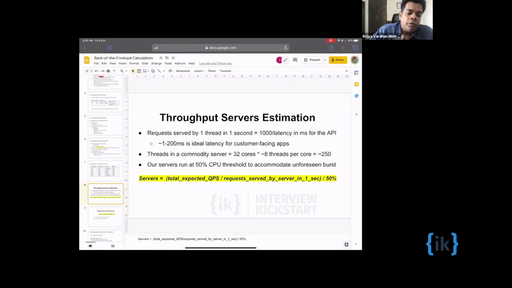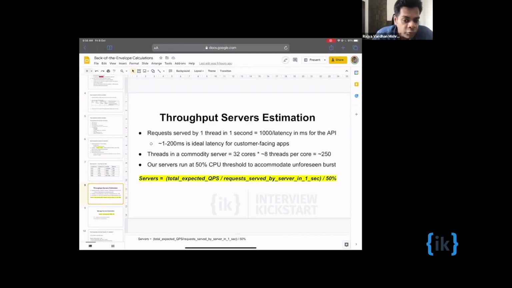Now if we have to find the number of servers, this becomes the formula. And we don't need to learn this formula. It is just a very logical and common sense kind of formula. I'll just explain it. What's the total expected queries per second the system is going to experience?